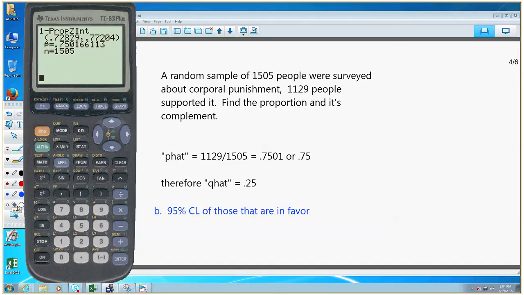There's your confidence interval, and P hat is 0.75. So I am 95% confident that the population is going to be between 73 and 77% in favor of corporal punishment.